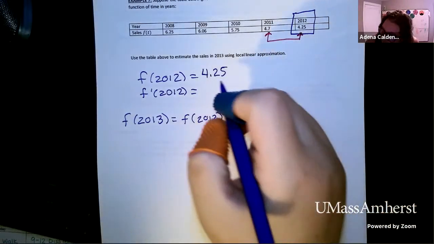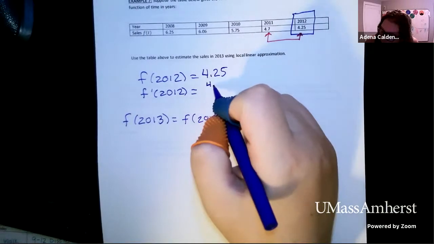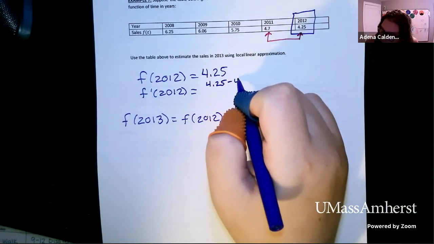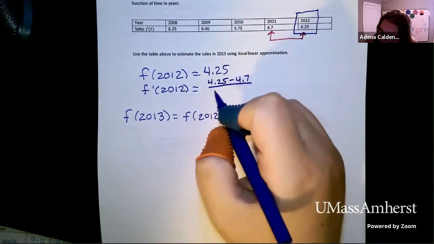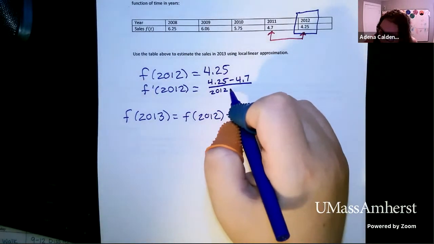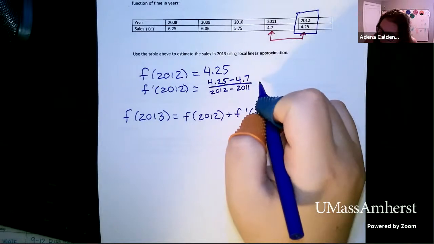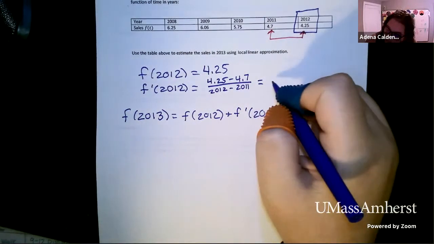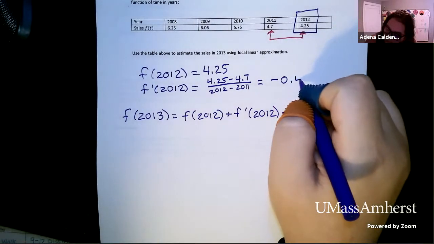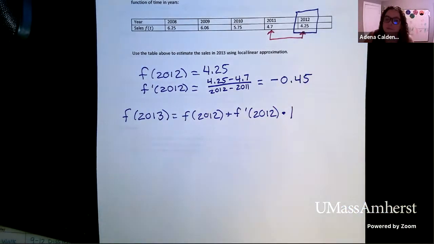So remember, we're going to do 4.25 minus 4.7, so the change in y, over the change in x. So 2012 minus 2011. So on the bottom, that's just 1, right? So this is going to give me negative 0.45.